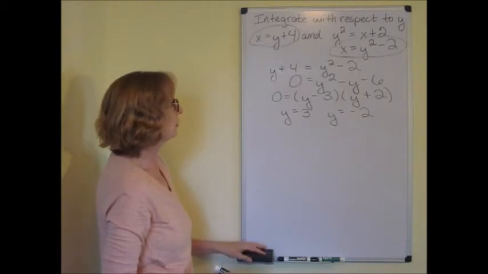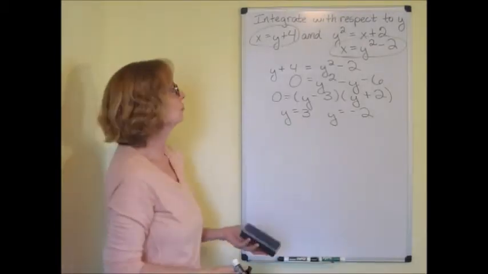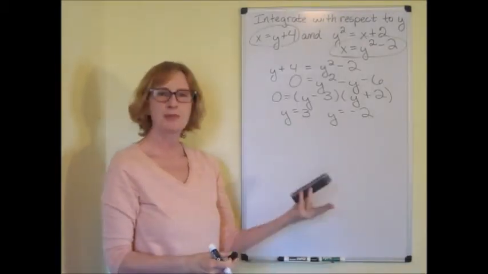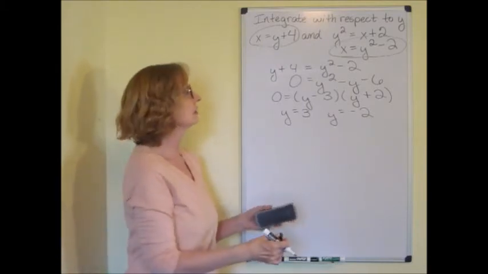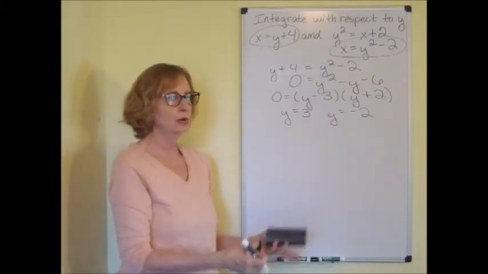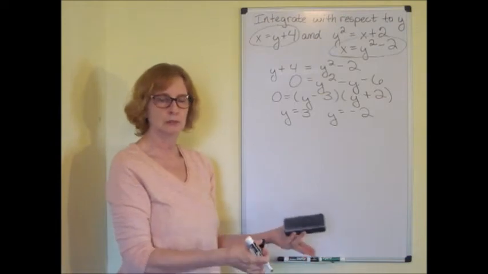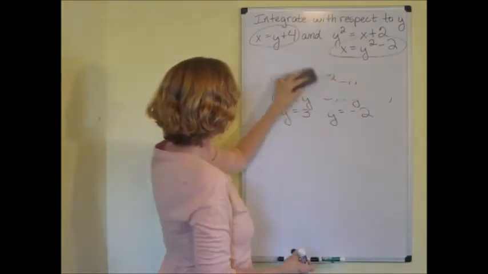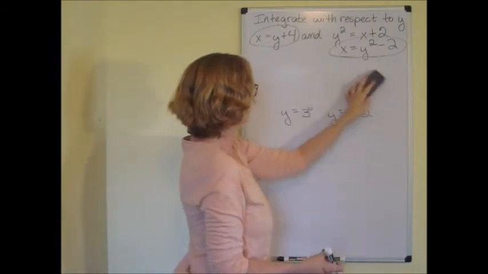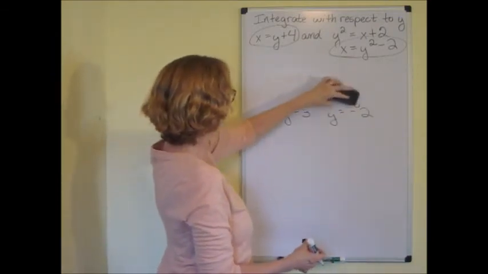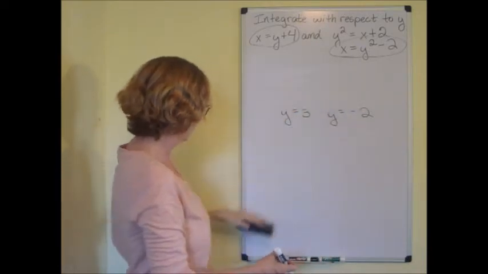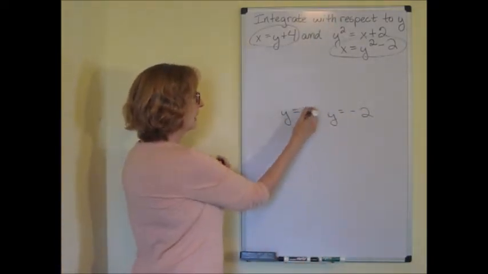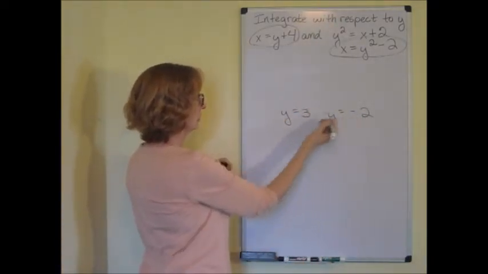The next thing we want to do is to find out which one, instead of saying top minus bottom, we're going to really think of it as right minus left. Or just think of it as always big minus little. I want to find out which one is the bigger one. Graphically, it would be the one that's further to the right, but we're just trying to find the bigger one. I'm going to pop in a y value between negative 2 and positive 3.